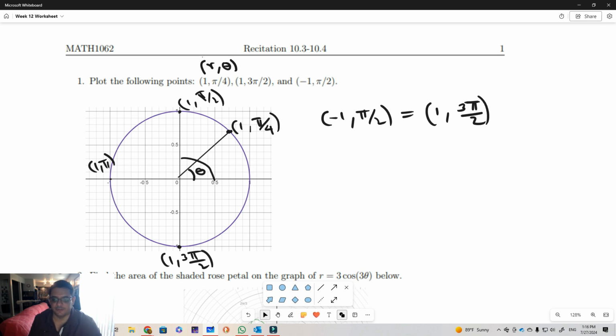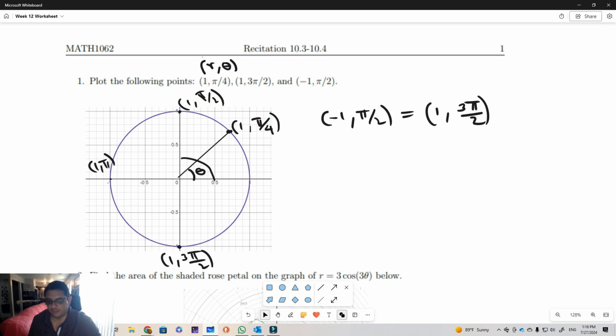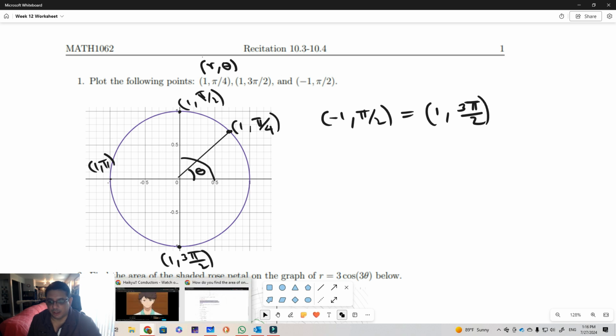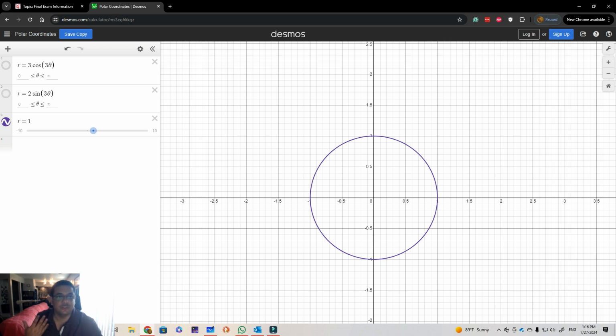Now that we understand how to describe the points this way, it makes sense to use a couple of examples. Let me show some different functions. A function in terms of theta is always defined by r equals something.